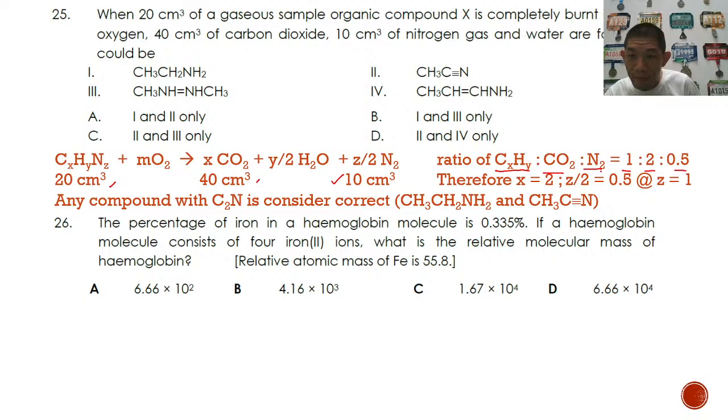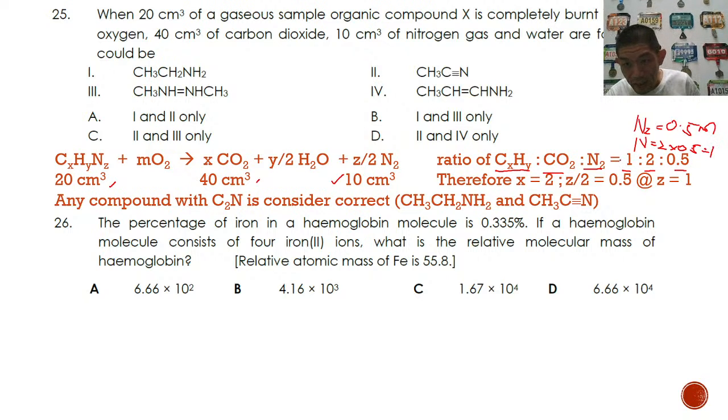Don't forget that nitrogen exists naturally as a diatomic molecule. So since N2 is equal to 0.5 mole, N is equal to 2 times 0.5, which is equal to 1.